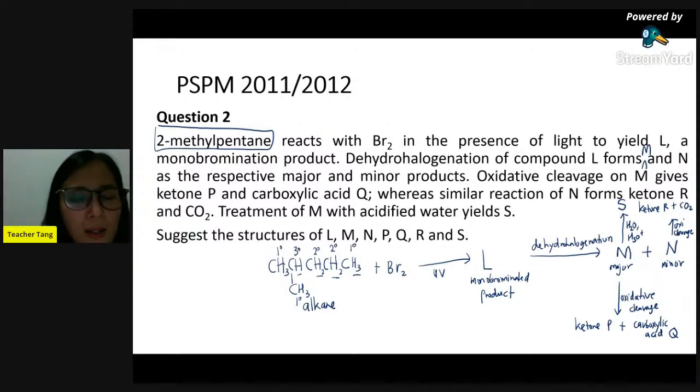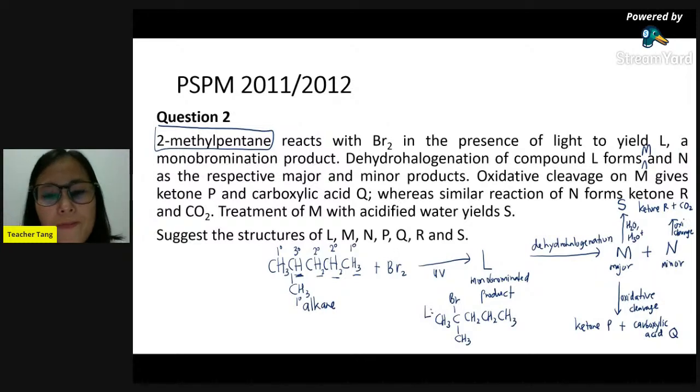So substitution on which hydrogen will give you the major product? Remember, it will be at the tertiary hydrogen. So therefore, your L should be CH3, C, CH3, Br, CH2, CH2, CH3.